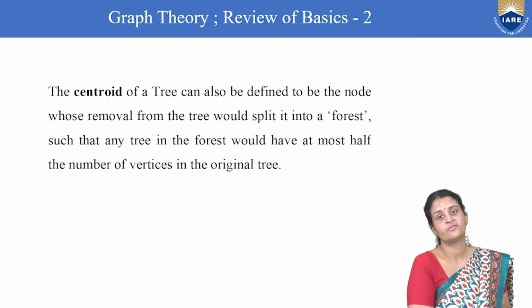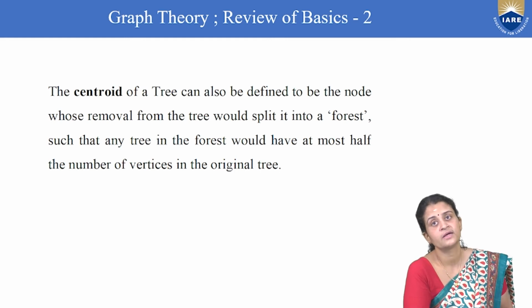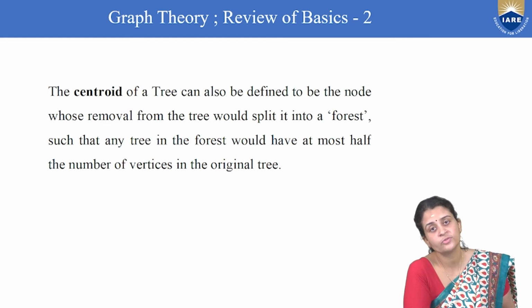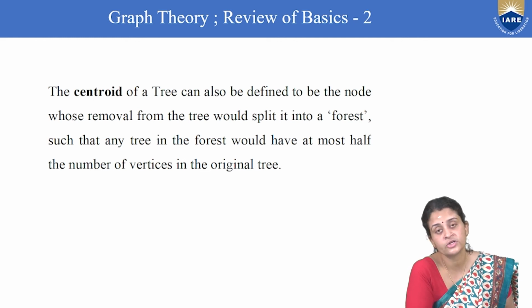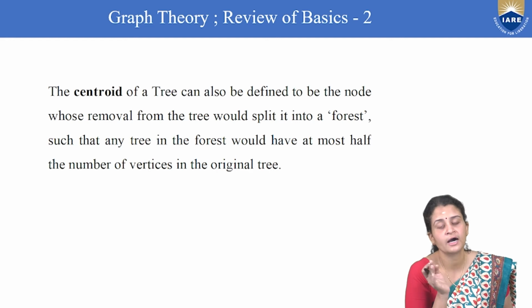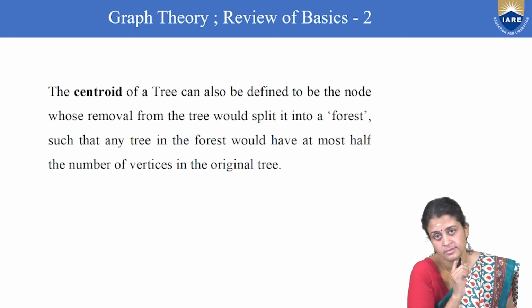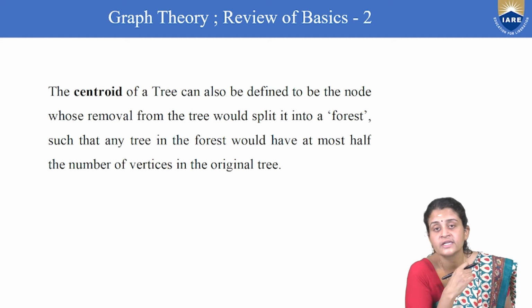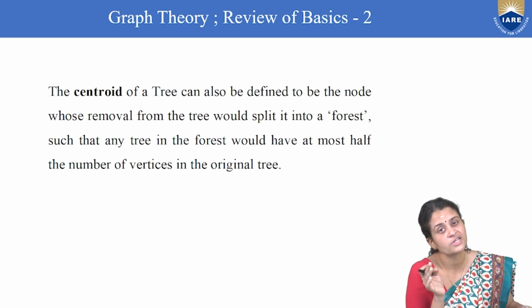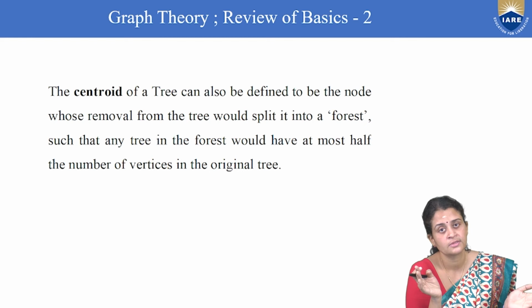Some authors have referred to a centroid of a tree as a knot whose removal from the tree will split it into a forest, such that any tree in that forest will have at most half the number of vertices in the original tree. A forest is a collection of trees.